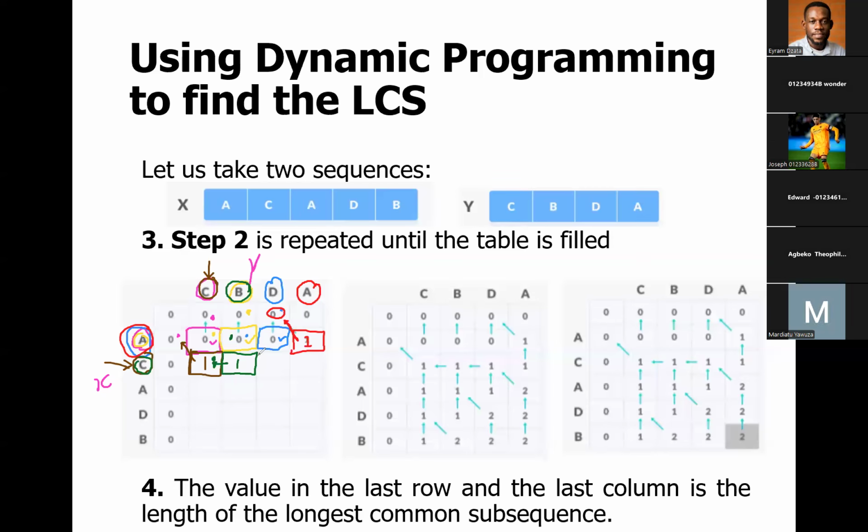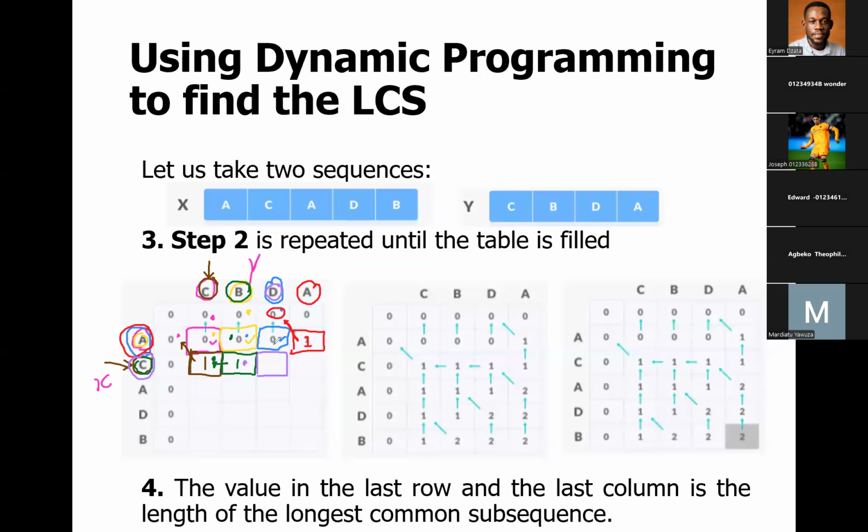Then we move to the next cell. I'm trying to use different colors so that you understand what is happening. So the next cell is the purple cell. We are still on C, and this time D. C and D, are they the same? No, sir. They are not the same. So if they are not the same, we find what?